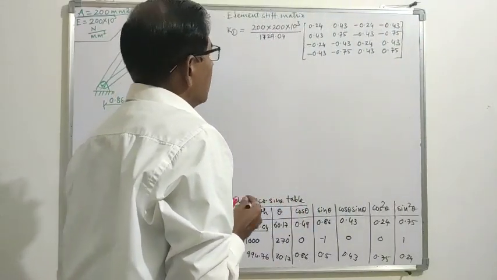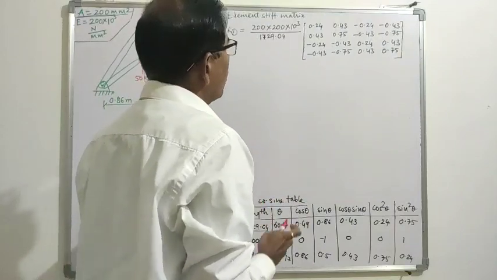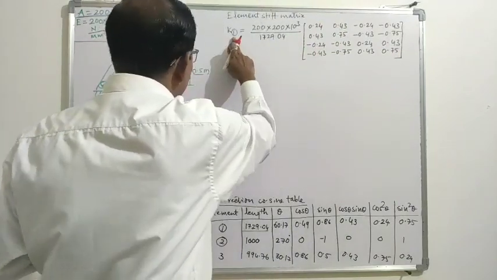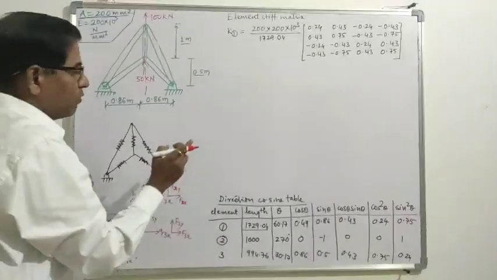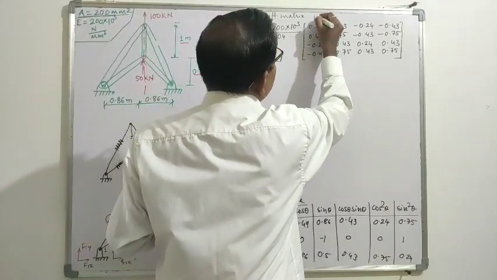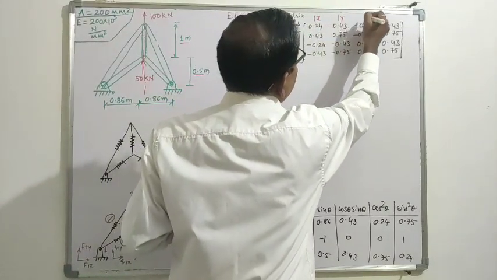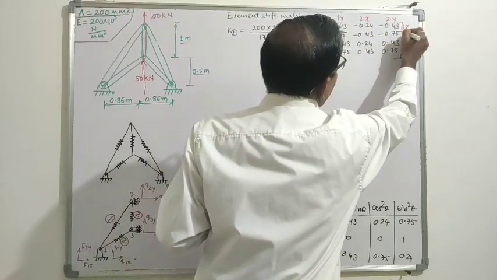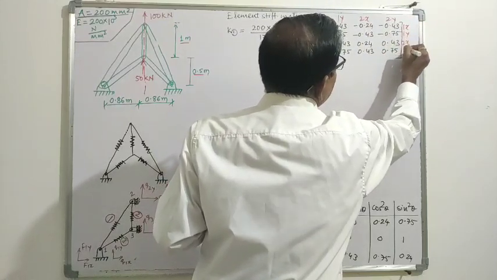So this is the element stiffness matrix for the first element, and the first element is made up of node number 1 and 2. So the row and column numbers will be 1x, 1y, 2x, 2y.